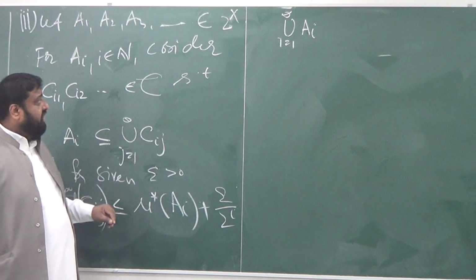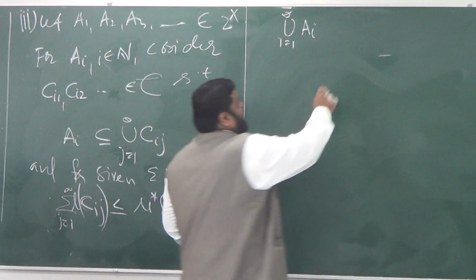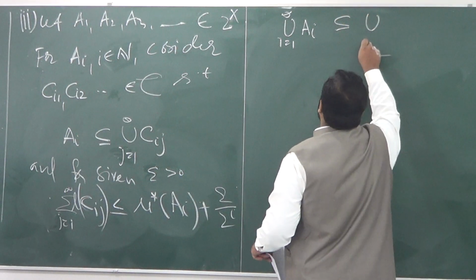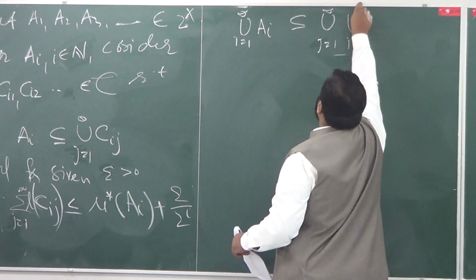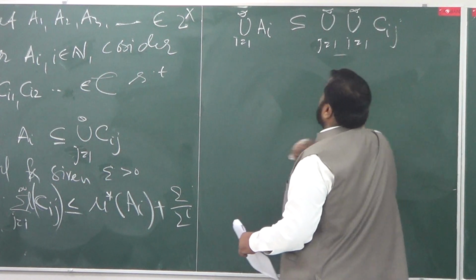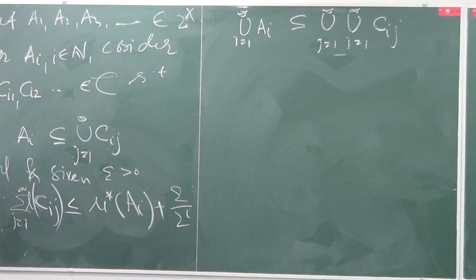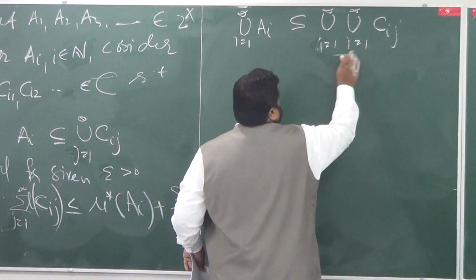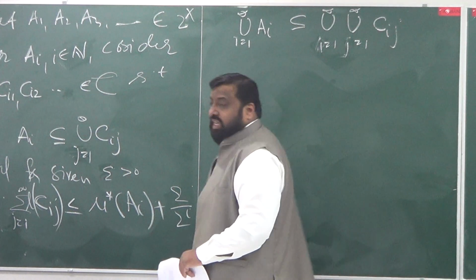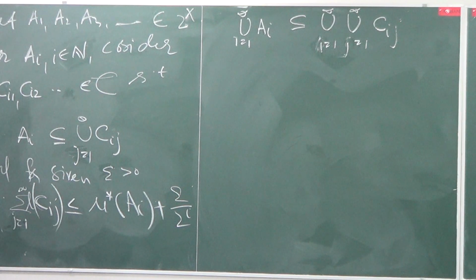Then the union can be covered by essentially a double union: the union over i equal to 1 to infinity and the union over j equal to 1 to infinity of Cij. Pretty much natural. So it's like taking the union on both sides.